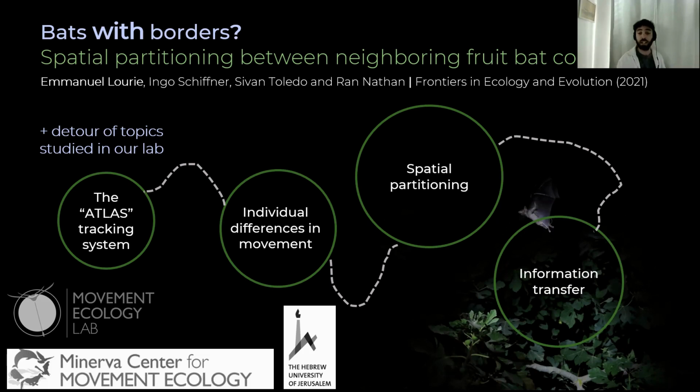Then we're going to move to the major topic of spatial partitioning. And finally, if time permits, maybe I can share with you some of the cool field experiments that we've done to try to understand if and how information is transferred in the species.